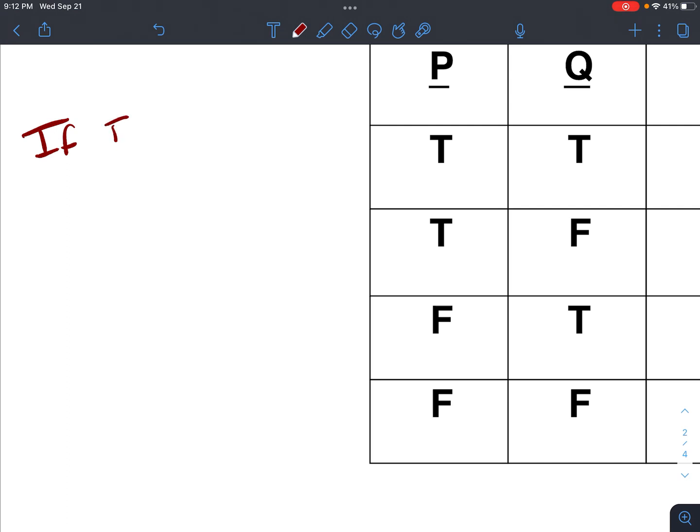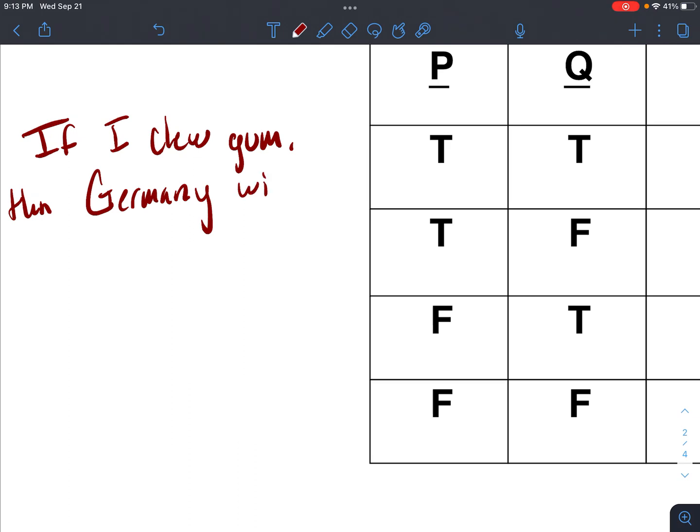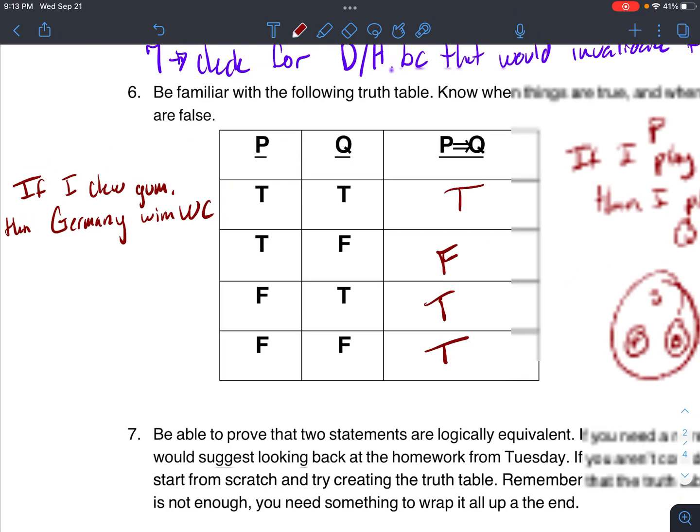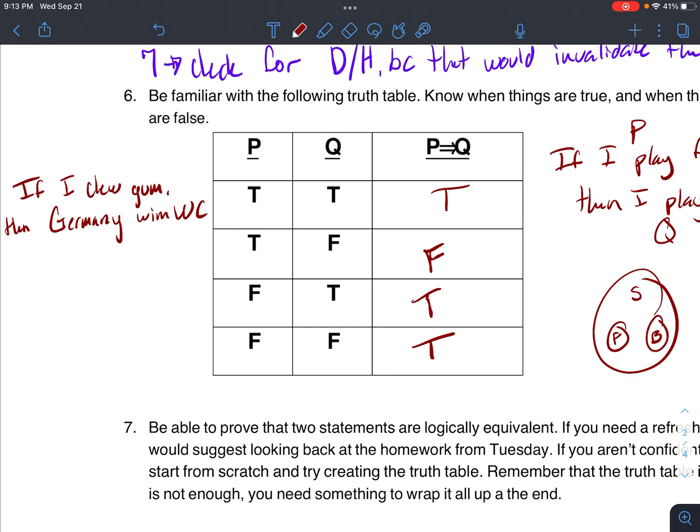So, like, if I chew gum, then Germany will win the World Cup. Okay?